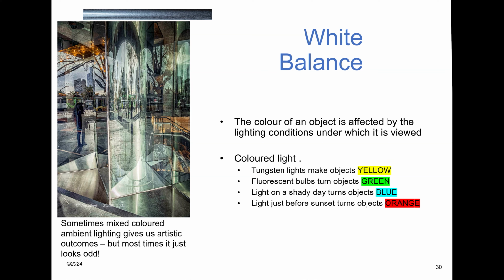And the golden light of dawn and sunset will give everything an orange glow, which is aesthetically beautiful because we can actually see that. Our eye can see that sunset colour, and we find it really nice. But sometimes it's a bit strong and we have to back it off a bit.